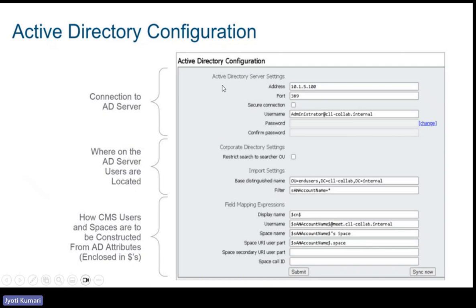So the connection details for the Active Directory server, then the location and the mapping. These are the three main configurations we do within Active Directory, and it is split into these three parts here.